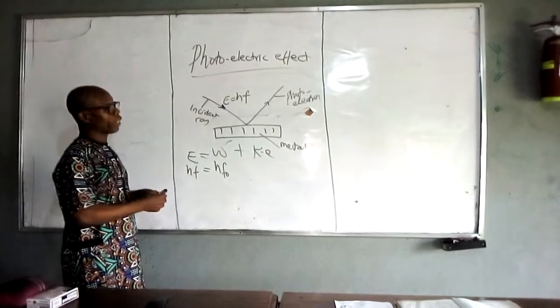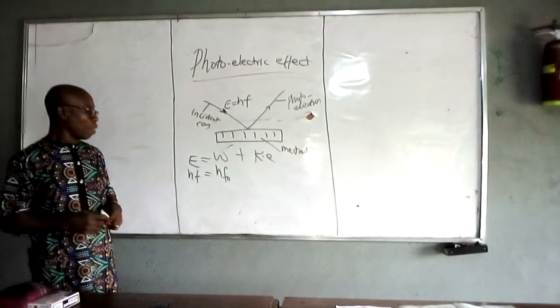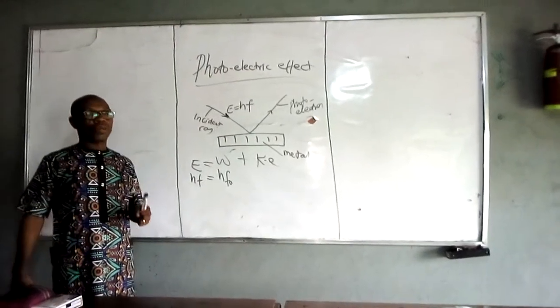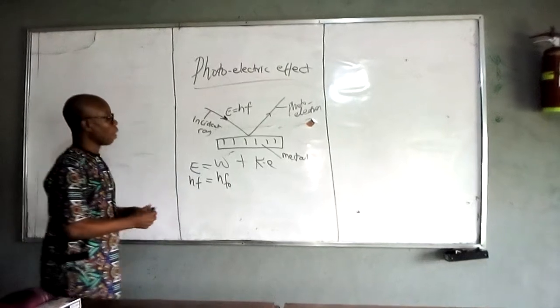And threshold frequency is the minimum frequency of light required to eject electrons from the metal surface.